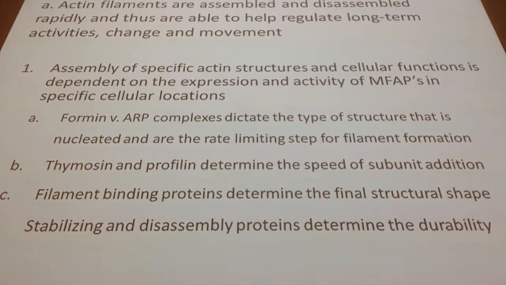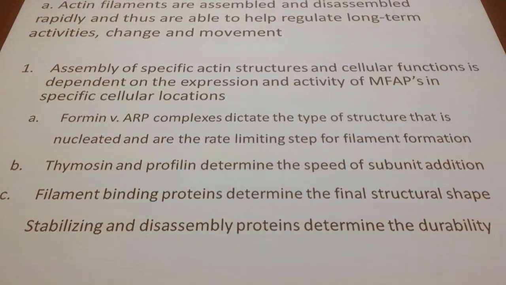Okay. However, we can say the term nucleation. Nucleation of microfilament can be done in two different ways. Nucleation of microfilament can be done from scratch. So you don't have any microfilament, and to do it from scratch, nucleation is catalyzed by or aided by a structure called formin. So formin is involved in the nucleation of microfilaments basically from scratch.